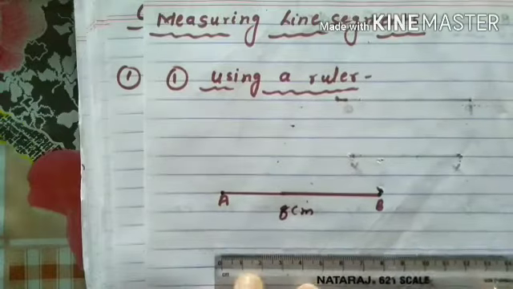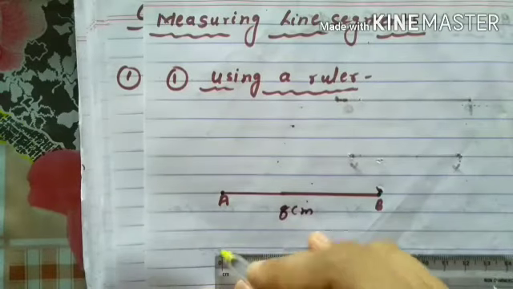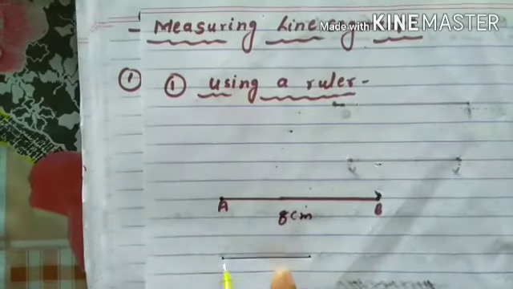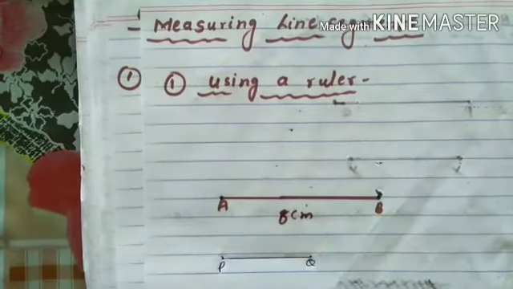Now let us measure the length of another line segment. Suppose I have taken one and given it the name PQ. What I have to do?